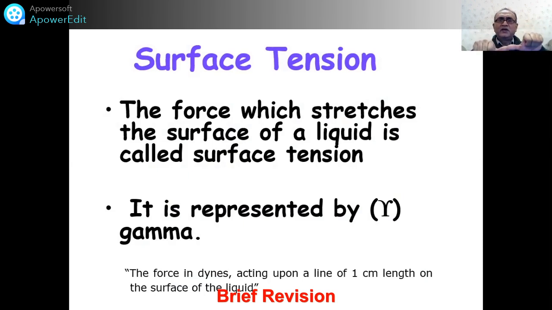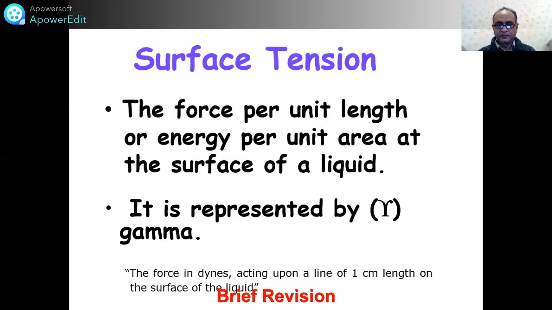They develop a force, one after the other, so the whole surface becomes a stretchy one. This stretchiness is called surface tension.